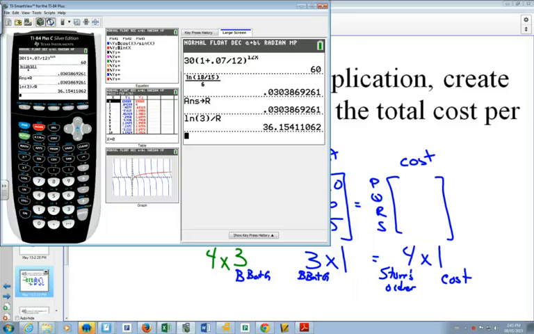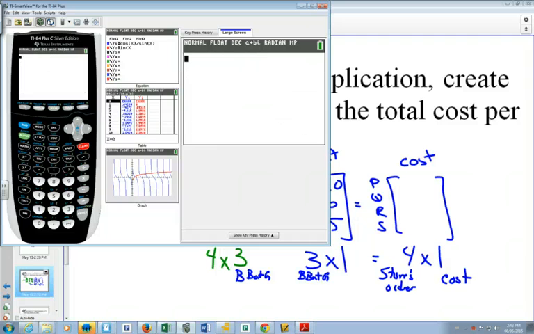And then if you go to your regular screen where you do all of your mathematics normally, now you can go second matrix, select A, multiplied by second matrix, and then select matrix B. And it will do all that math for us.